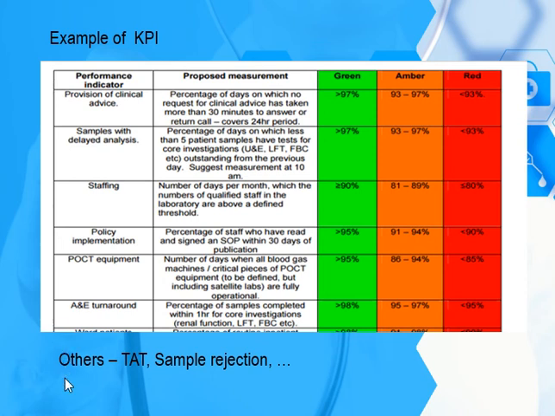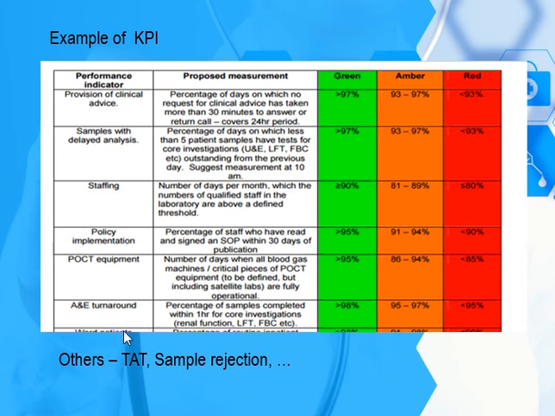And the others that we also implement as KPI are turnaround time and sample rejection. So KPI should be able to be measured and limits need to be set for acceptable, warning, and need improvement for laboratory performance workflow.